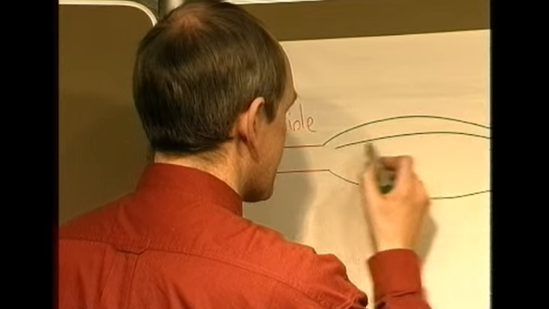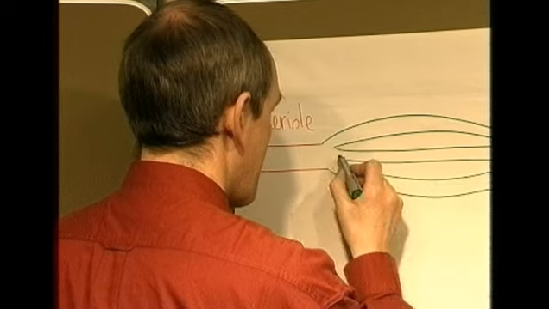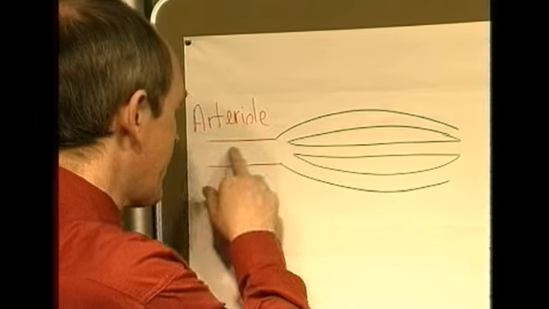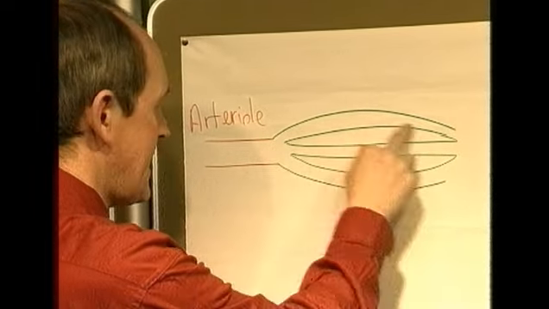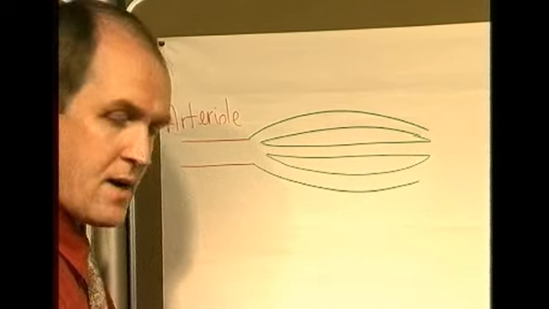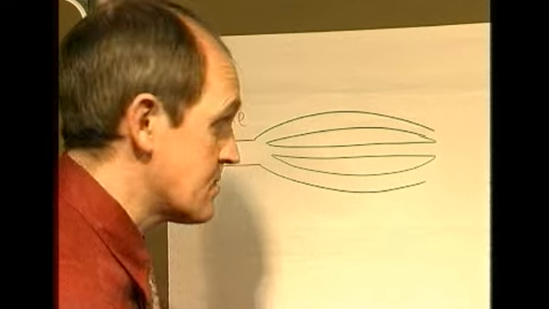I'll only draw 3 to keep the diagram fairly straightforward. But I think you can see what's happening here. We've got blood going into the arteriole and into this network of capillaries. And the capillaries are drained by a very small vein called a venule.